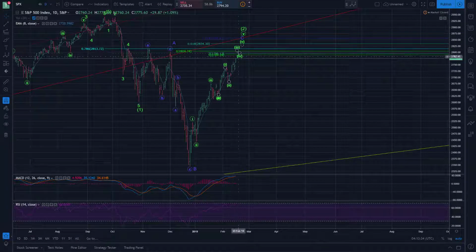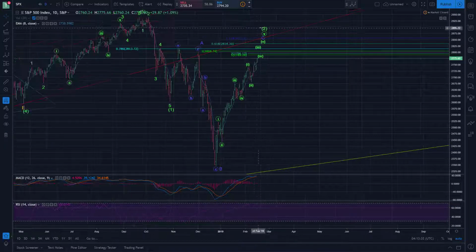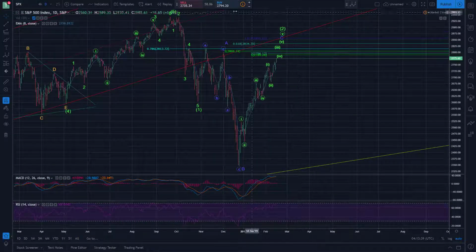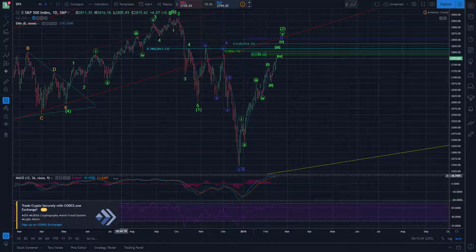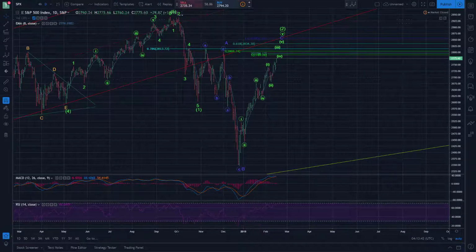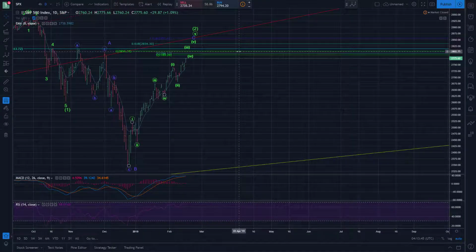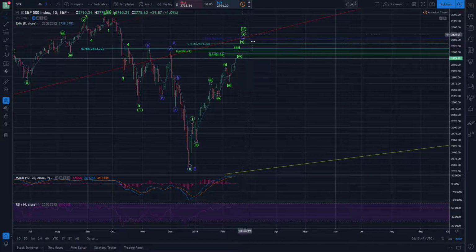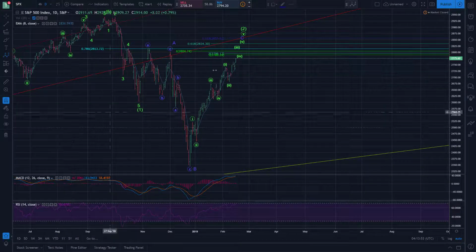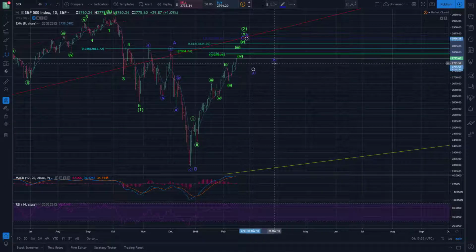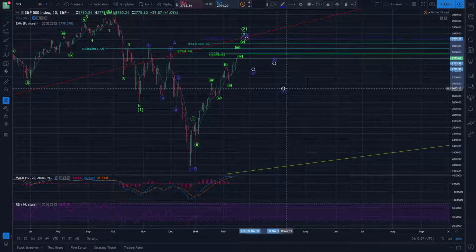And is it possible that we just keep going, no pullback, fly right through it and make new all-time highs? Yeah, sure, it's possible. But at this point, that does not seem to be the most likely scenario. I expect there to be a significant reaction in this area, and at least, even in the most bullish scenario, at least some sort of proportional three-wave decline, maybe into the 2600s or something like that, right?